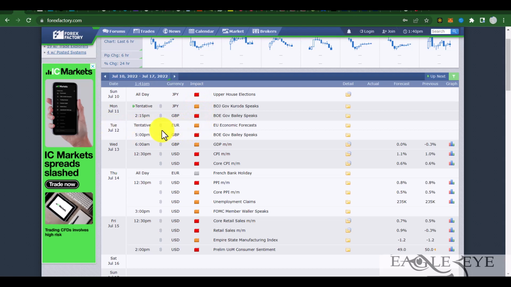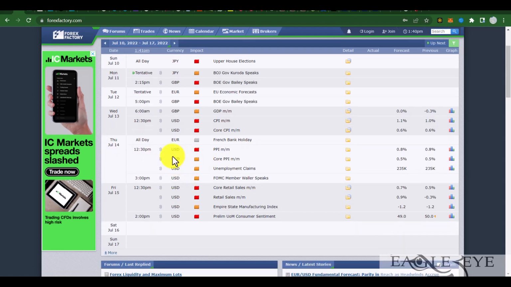On Tuesday we have the EU economic forecast and net impacts, and also tentative. Then around Wednesday by 12:30 p.m. we have the CPI and the core CPI. Then we have the French bank holiday on Thursday, which is likely to affect the euro.